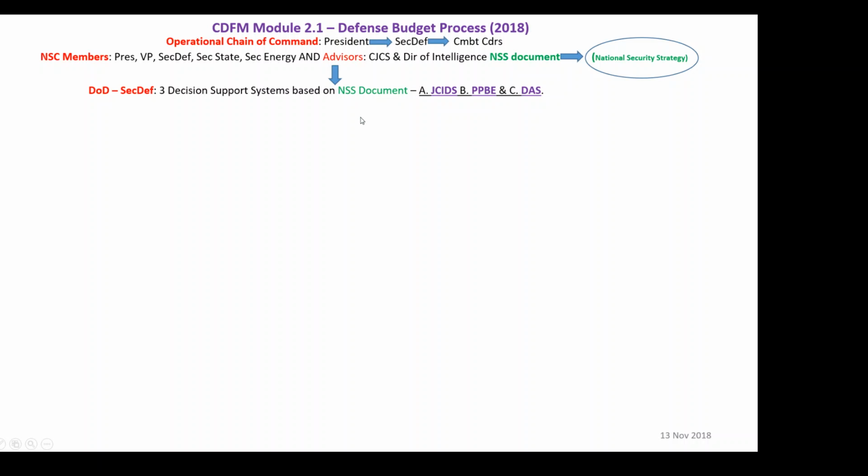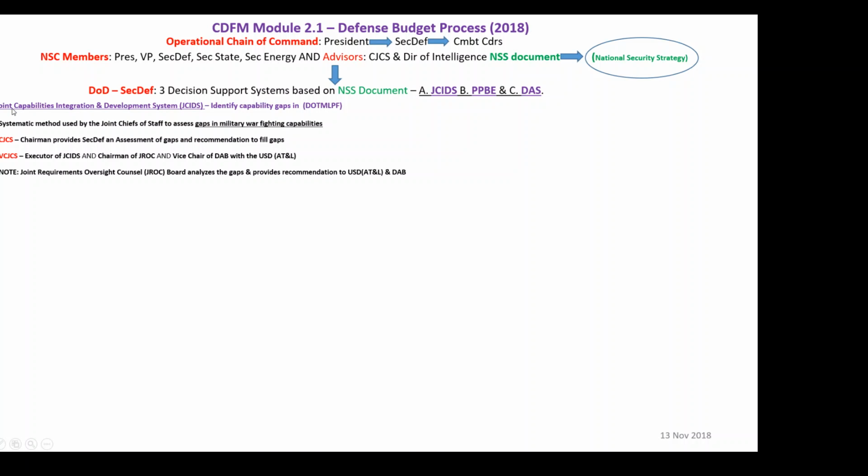All right, so the first system is JCIDS, as listed here, Joint Capabilities Integration and Development System. What the JCIDS system is used for is to identify capability gaps. And if you've worked with TRADOC, you've heard this acronym, DOTMLPF.